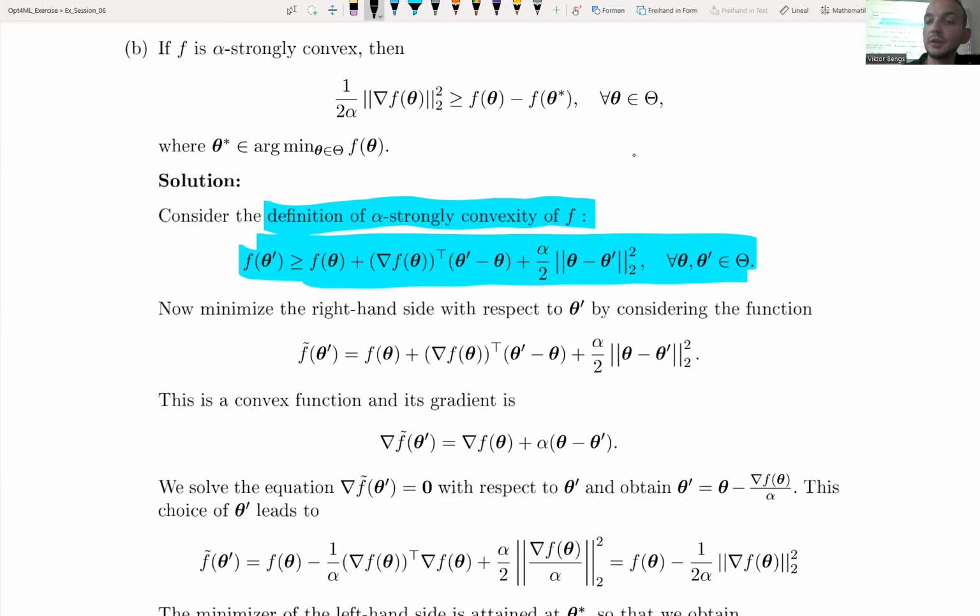So we always imagine our function f is bowl-shaped, and this thing here is also bowl-shaped, and it's always staying under the graph of f, under the function f.